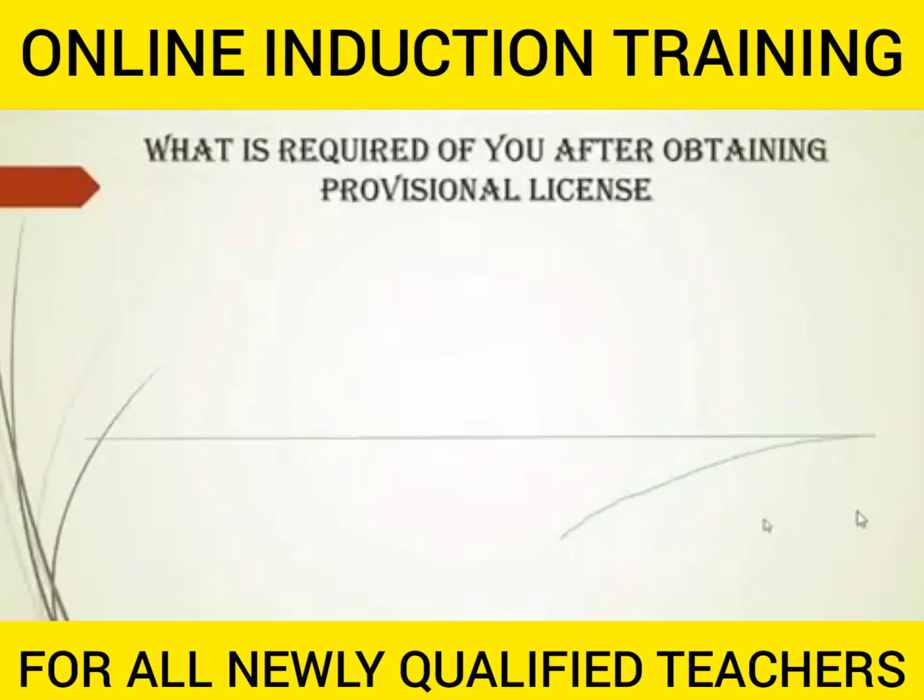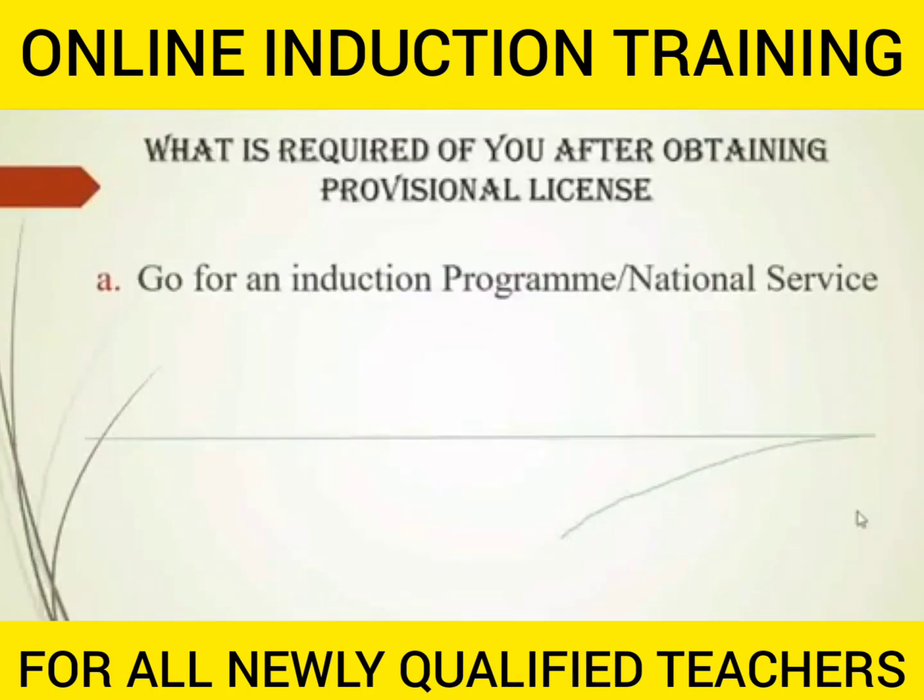What is required to obtain a full license after your initial training? So as a teacher, what is required of you after obtaining a provisional license? One, you go for an induction program, that is the national service.